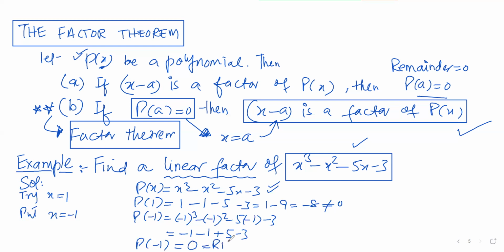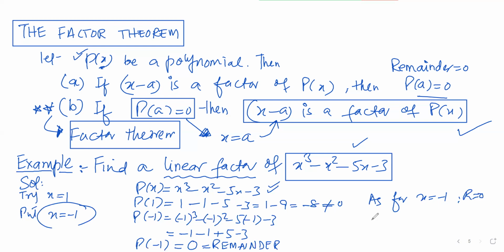This is 0, which means the remainder is 0. For x equals minus 1, the remainder is 0.